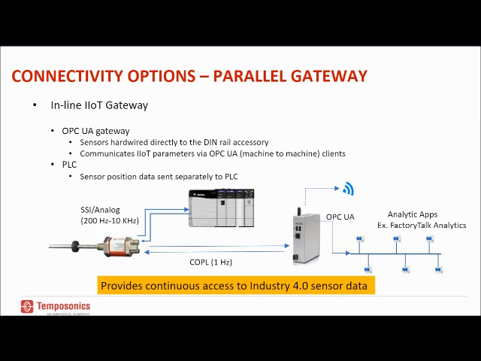But once it gets to the OPC-UA server, it can then be distributed directly through a local area connection or through an Ethernet switch to multiple entities that might be listening for that type of information. So you can still get it to your analytics tool after coming through the OPC-UA gateway. Or you can also send this wirelessly if you want to.